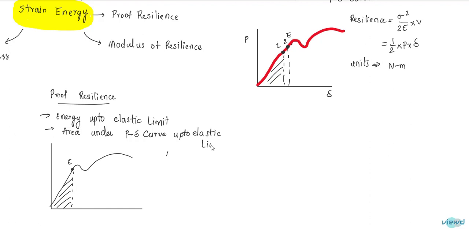So this gives us the maximum resilience. So proof resilience means maximum resilience. And what are the units? Units will be the same, Newton meter or Newton mm. So that is called proof resilience.